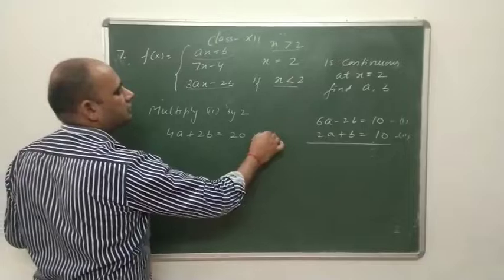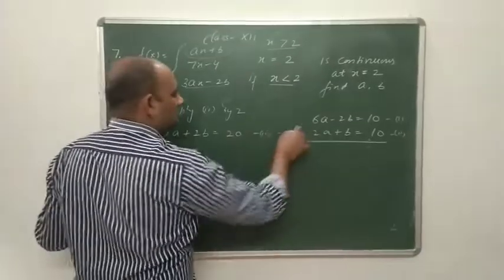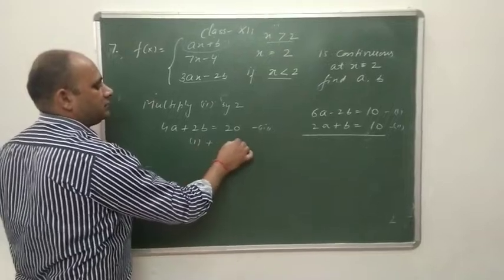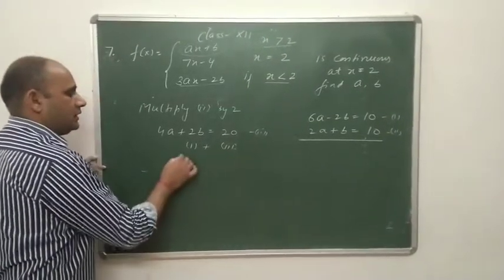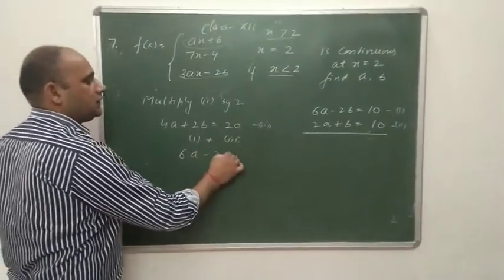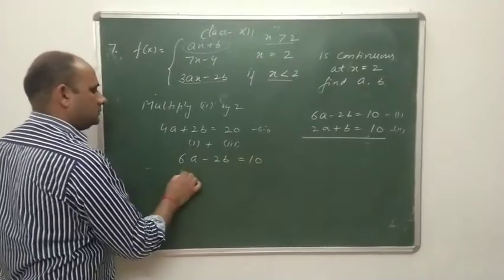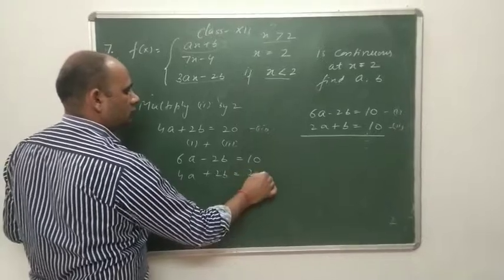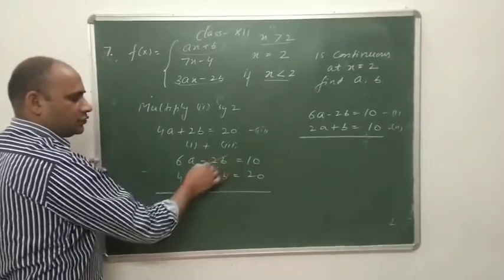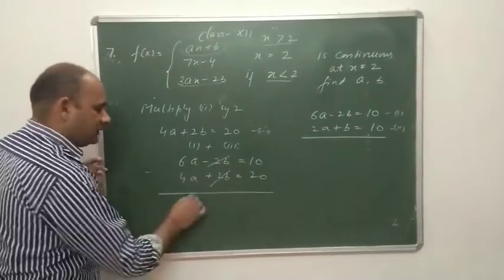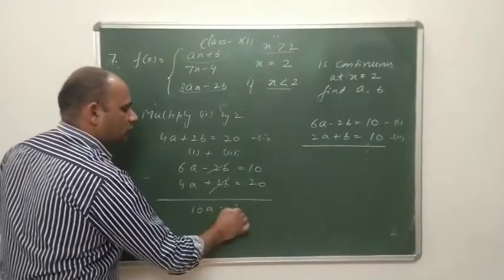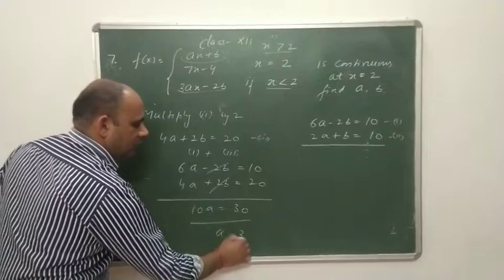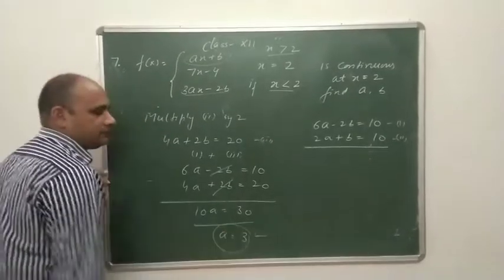It is equation 3. Now you will add first and third. 6a minus 2b is 10, 4a plus 2b is 20. Minus 2b plus 2b cancel. 10a is equal to 30. Then divide by 10, a is equal to 3.